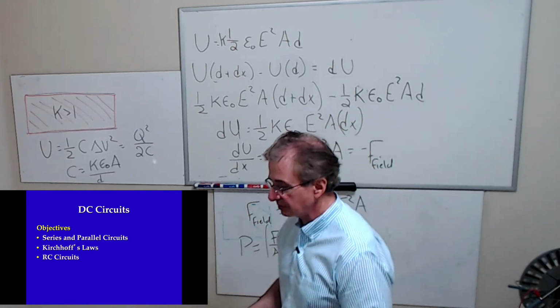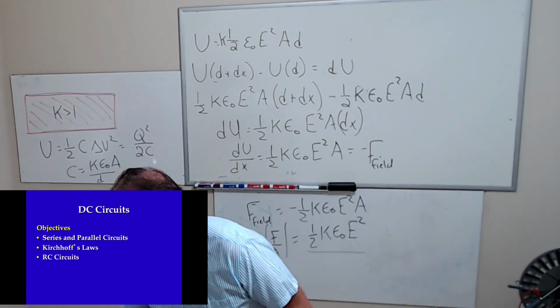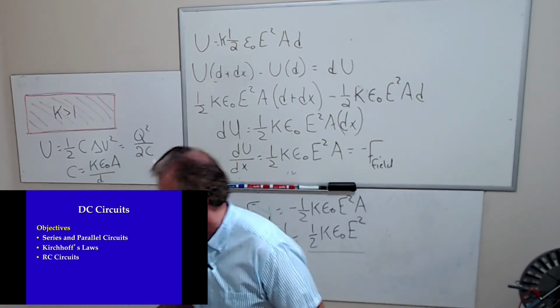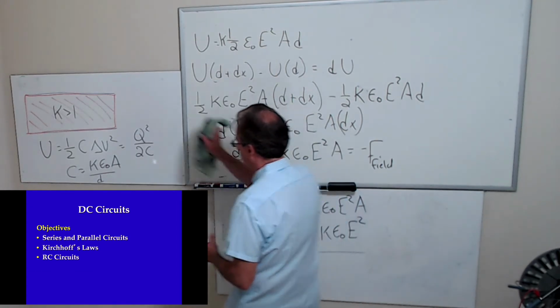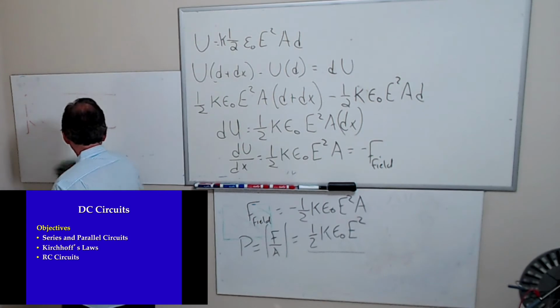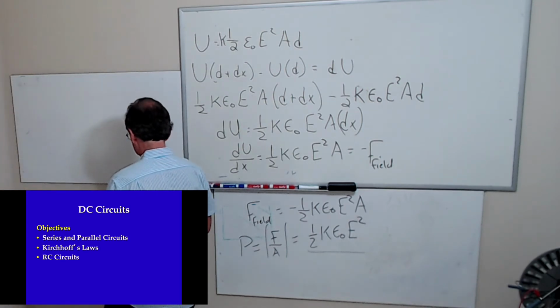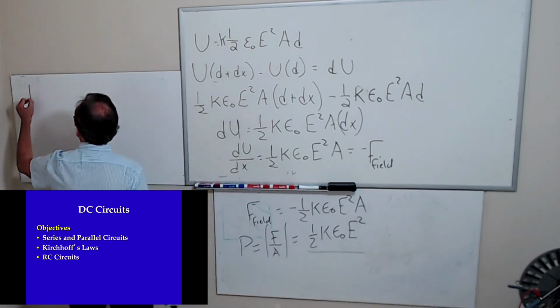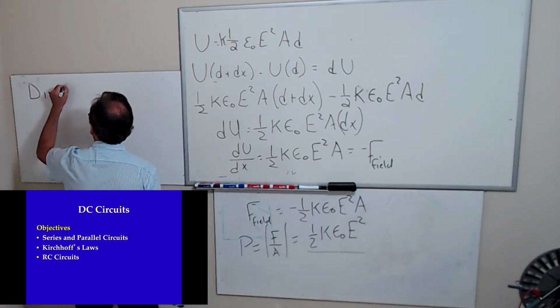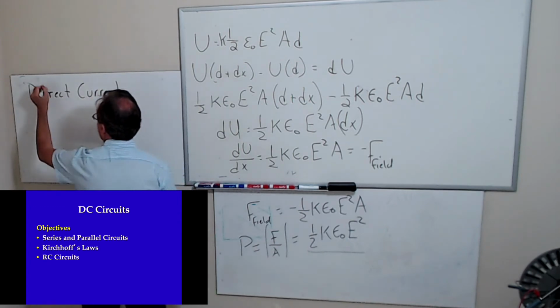We're going to look at series and parallel circuits first. And we're going to look at DC circuits. What does direct current mean? Because I really haven't talked about that a lot. What is direct current? Anybody want to guess what direct current means?